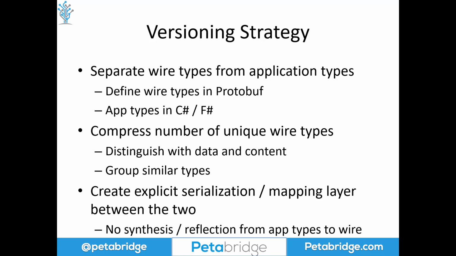Well, now we're back to that scenario again when you use a technology like protobuf.net. So you want to go in the opposite direction. Your wire types can't be changed by accident by making changes to your application type. So reflection is just banned from this whole system. We're not going to use it. We're not going to synthesize our wire types from there.